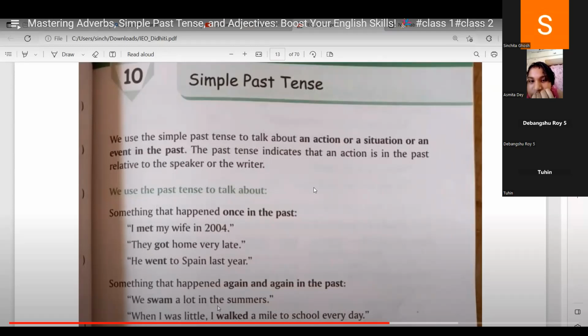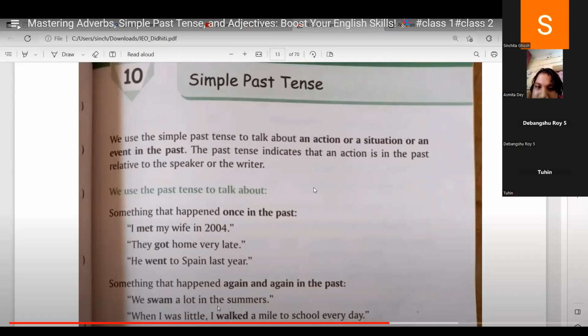We use the simple past tense to talk about an action or a situation or an event in the past. Very good. The past tense indicates that an action is in the past relative to the speaker or the writer. Excellent. Very good, Debangshu. You are correct.